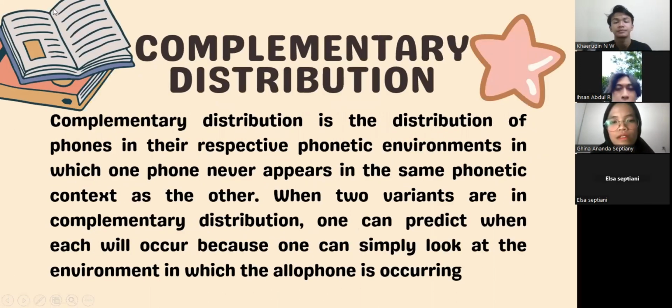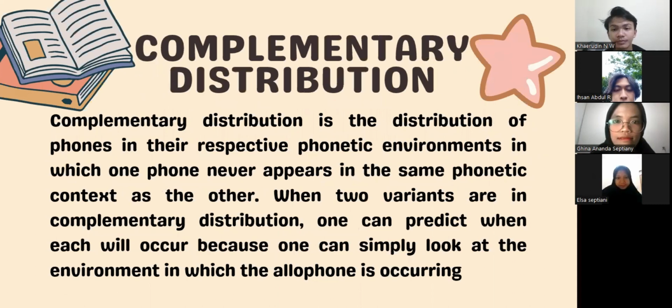I will talk about complementary distribution. The definition of complementary distribution in linguistics, as distinct from contrastive distribution and free variation, is the relationship between two different elements of the same kind in which one element is found in one set of environments and the other element is found in a non-intersecting set of environments.